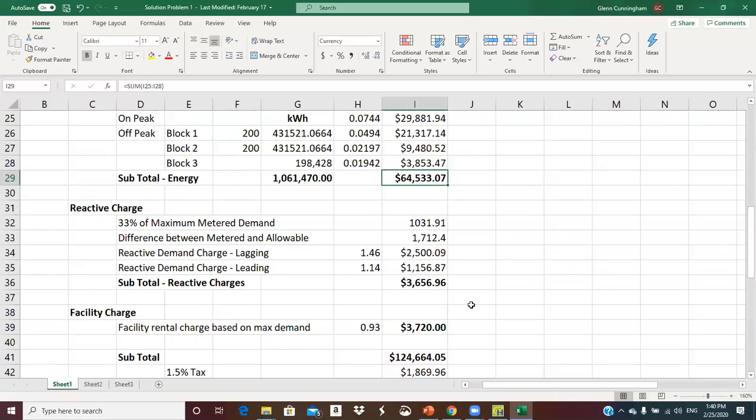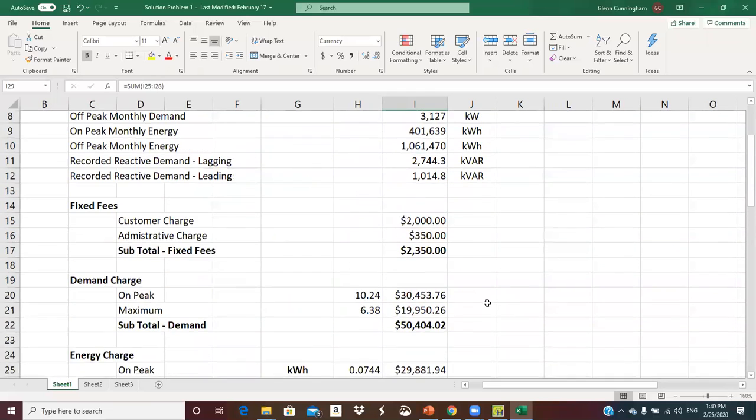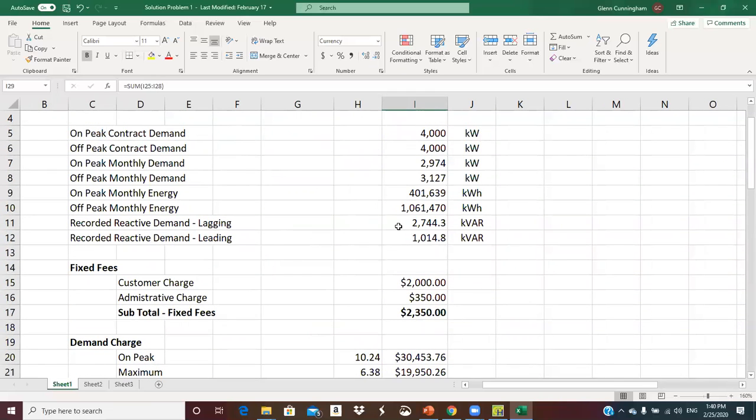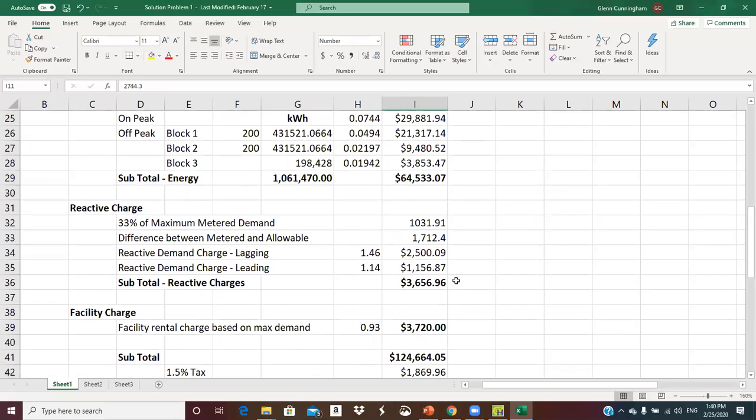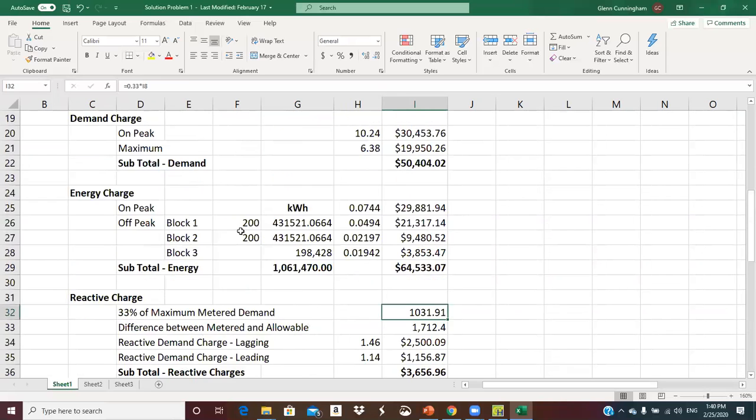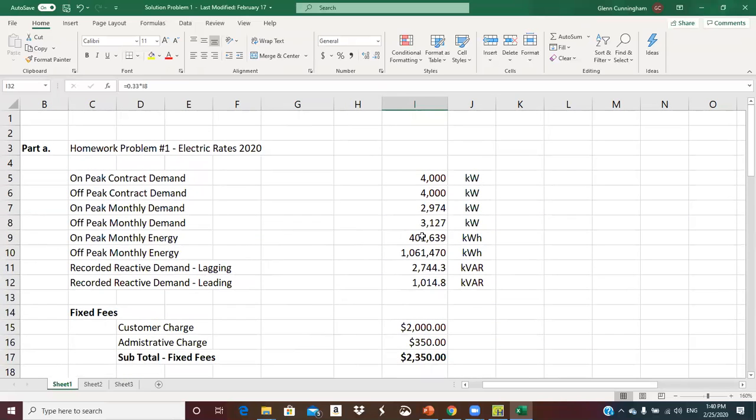Okay. So the total amount of kVAR on the bill was right here, 2744.3. But the way the calculation works, and you see this on a lot of bills, if you take 0.33 times the maximum demand, that tells you the allowable kVAR.